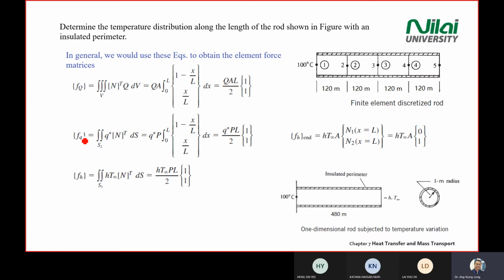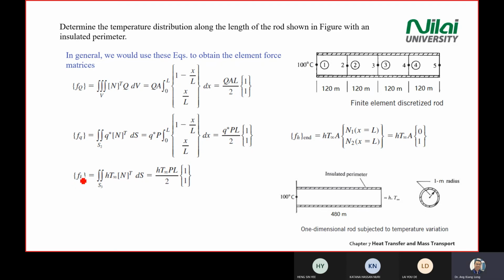All right. If you have a heat flux inside the element, you use a second equation, F sub Q equal to Q star PL divided by 2, 1, 1.